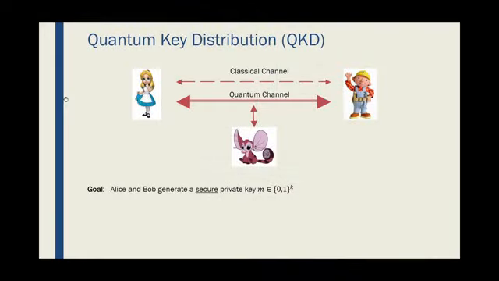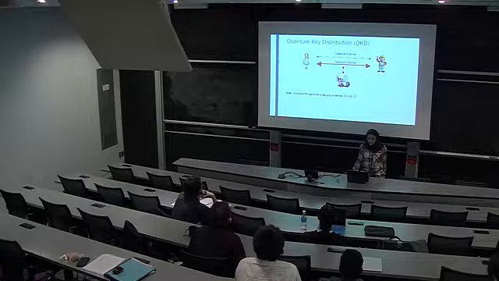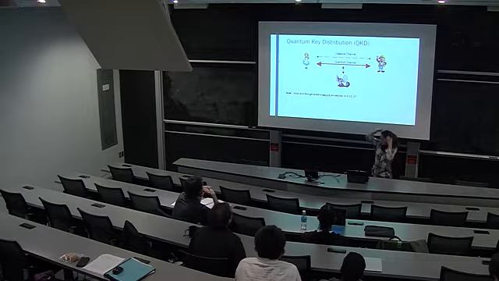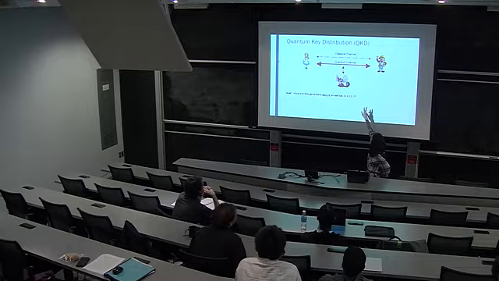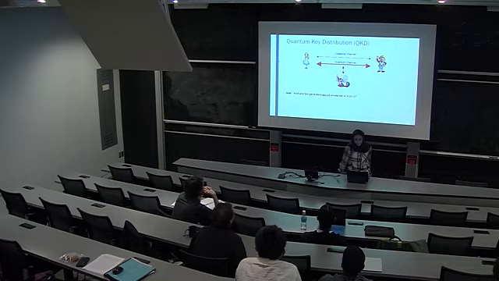Let's first consider the quantum key distribution setting where we have two parties, Alice and Bob, who are basically separated, and they can communicate with each other through a quantum channel and an authenticated classical channel.